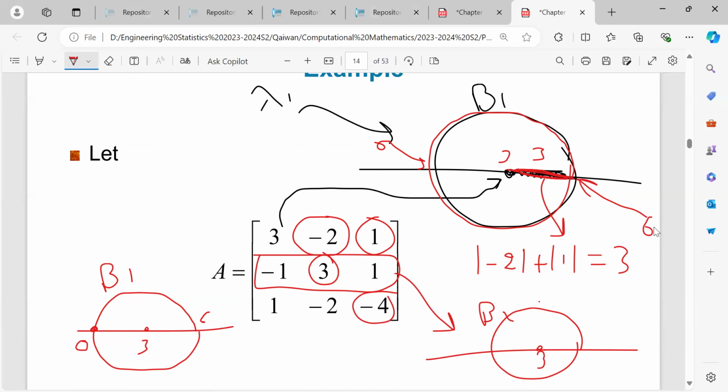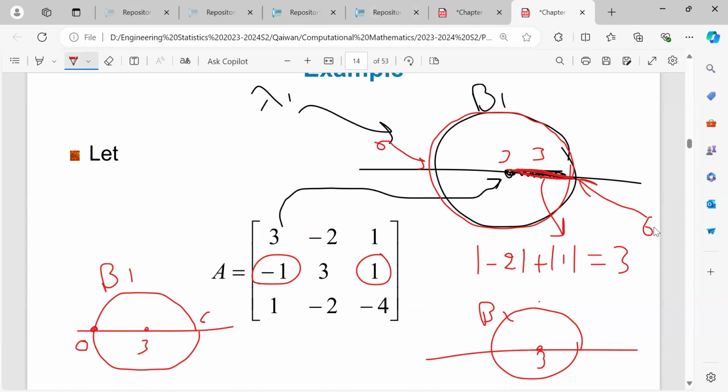The radius is the sum of the absolute values of all entries except the one which becomes the center, which is the absolute value of -1 plus the absolute value of 1, which is 2. So what are these two endpoints? 3 plus 2 is 5, and 3 minus 2 is 1. So B2 is a disk with center at 3 and radius 2.